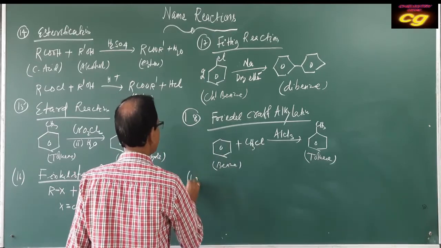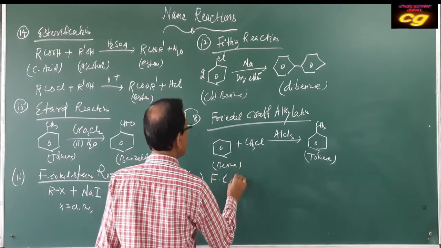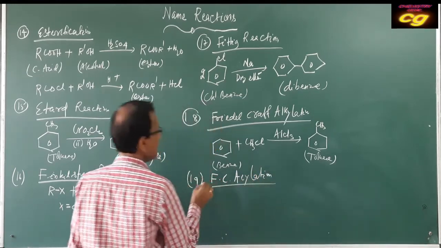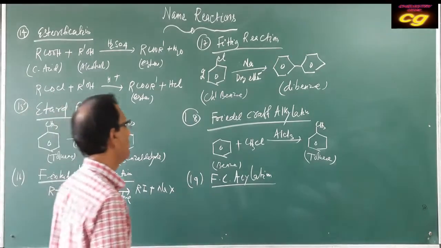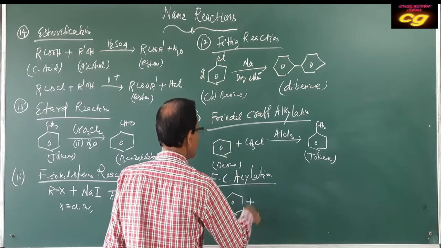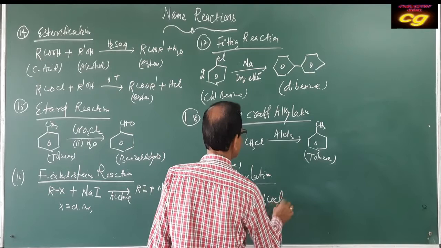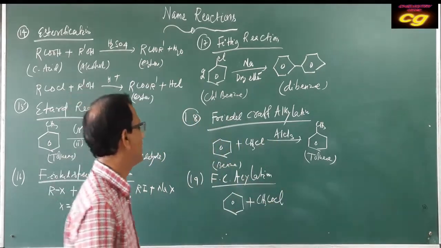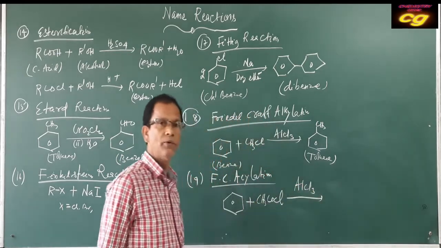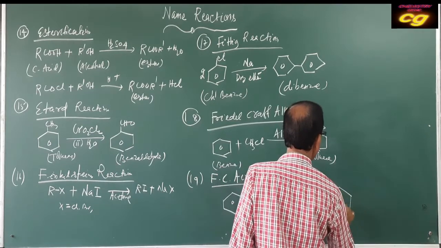Then 19, Friedel-Crafts acylation. In Friedel-Crafts acylation, you can take benzene in presence of acetyl chloride, an acid halide, with aluminum chloride, forming aromatic ketone.